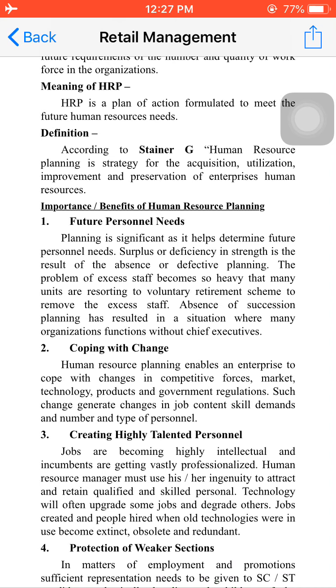So what are the importance or benefits of human resource planning? The first one is forecasting future personnel needs. Make sure, guys, it is personnel, not personal. There is a difference between the words personal and personnel. Personal is your personal things; personnel is of the organization. Future personnel needs means in case of absences, termination, or quitting the job, what should I do?